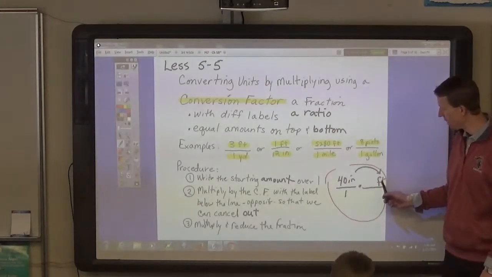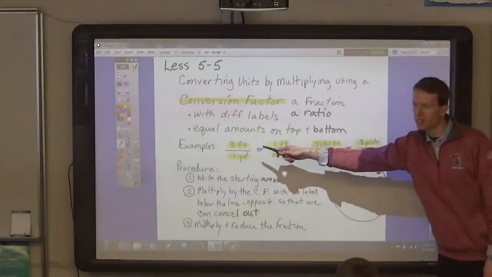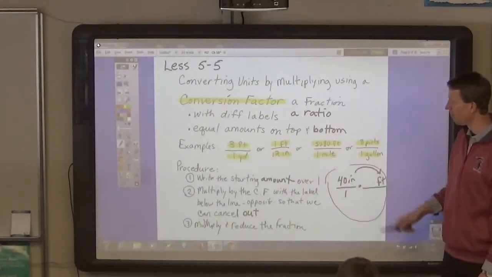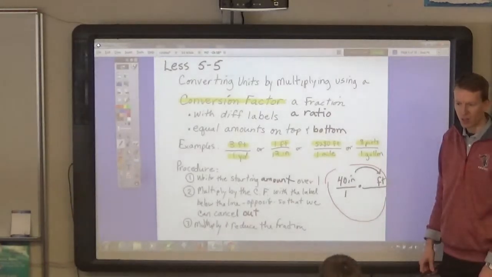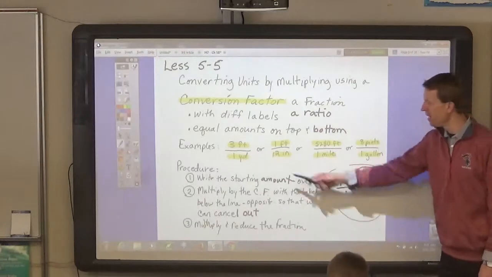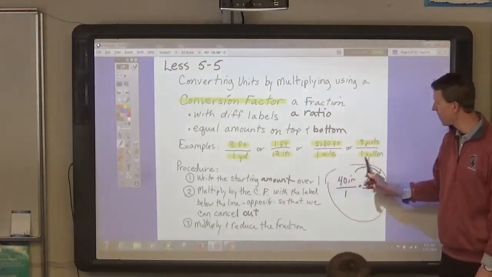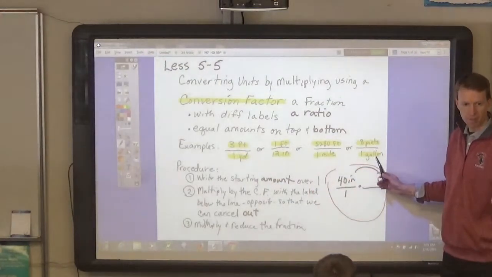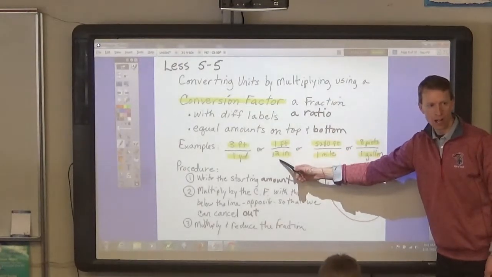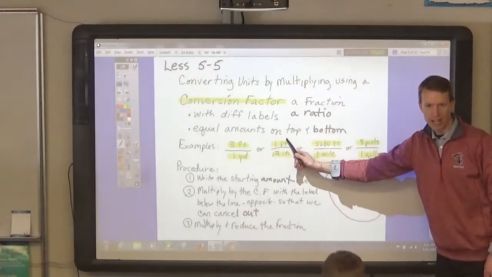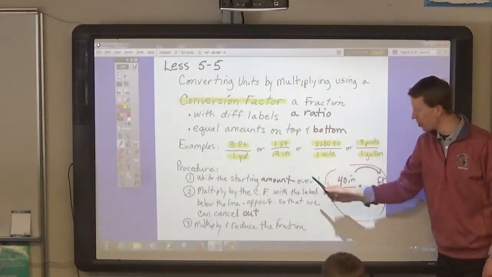From inches to feet. Now, which of these conversion factors compares inches and feet? Caleb? The second one, 1 foot over 12 inches. The ratio of feet to inches.